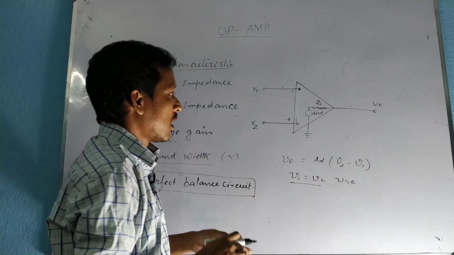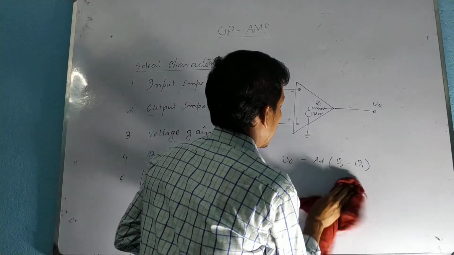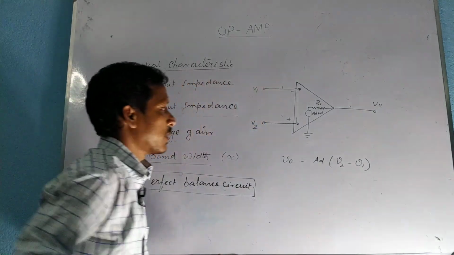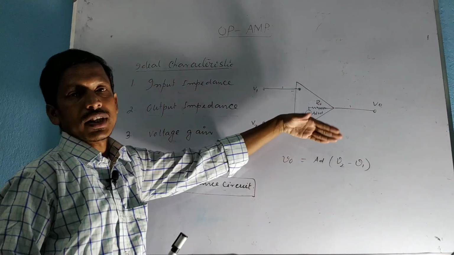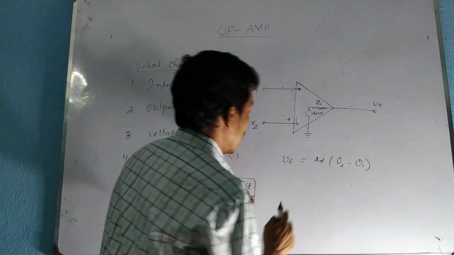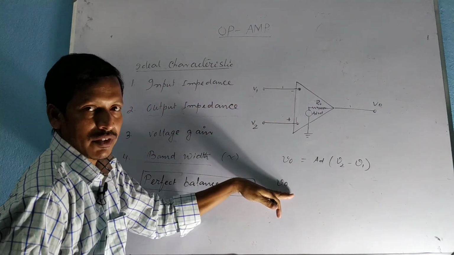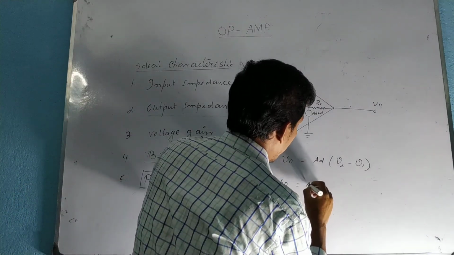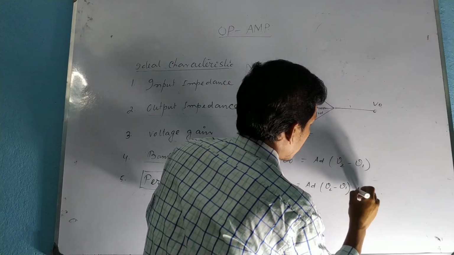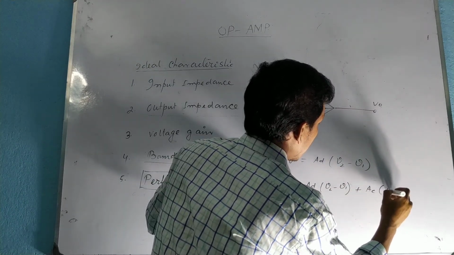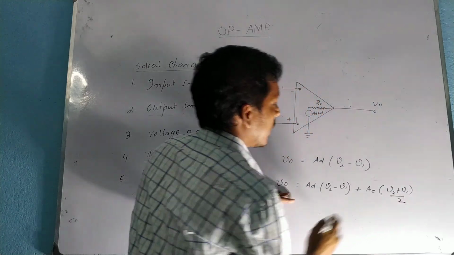But practically, the operational amplifier does not only amplify the difference mode signal but also amplifies the common mode signal. So for a practical amplifier, the output voltage will be V0 equals AD times (V2 minus V1) plus AC times (V2 plus V1) by 2.